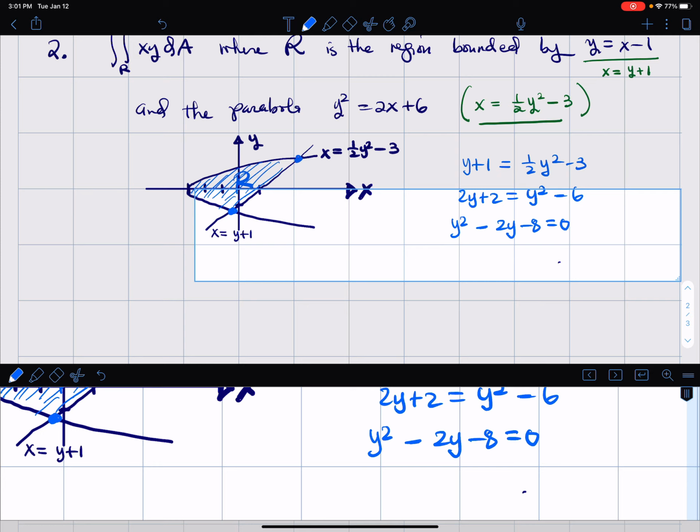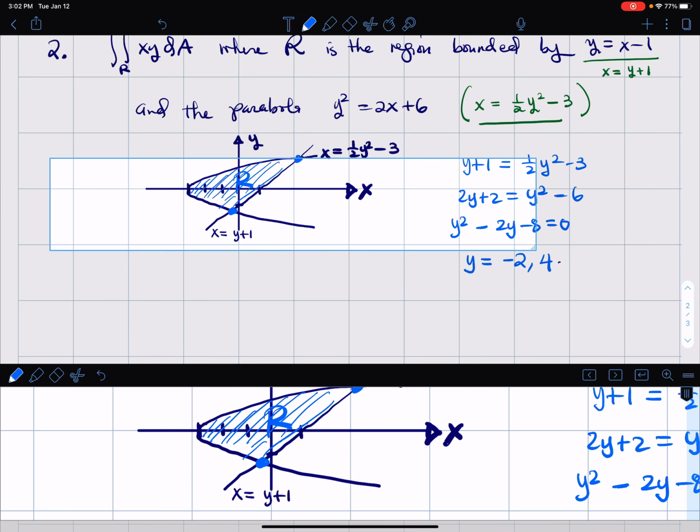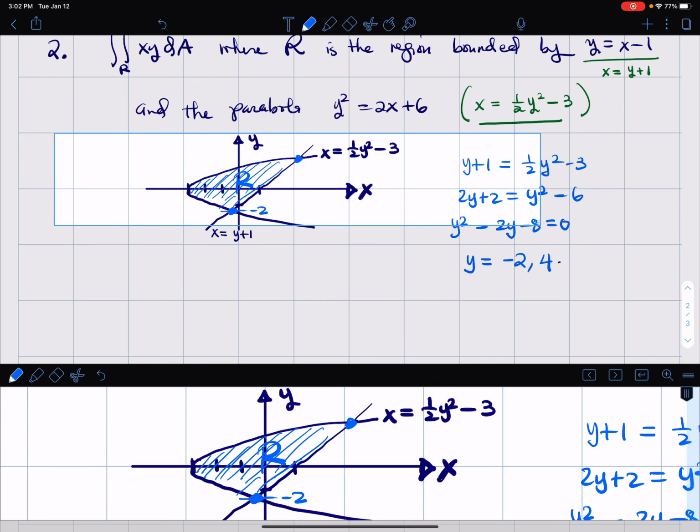If you plug in negative 2 in the first one, you get 4 plus 4. Yeah, negative 2 and 4. So that means on the y-axis, this is negative 2 and this is 4.